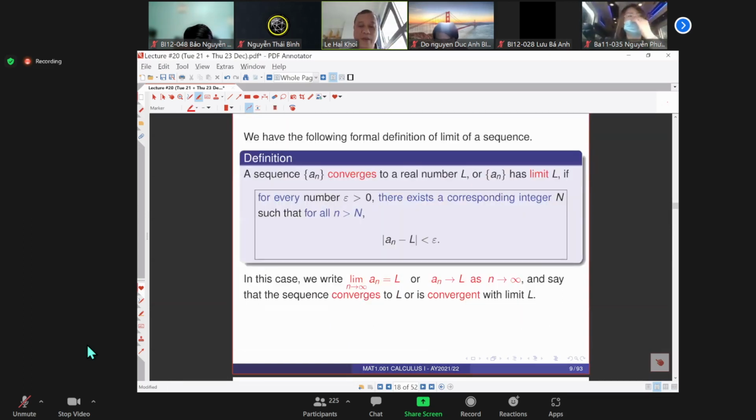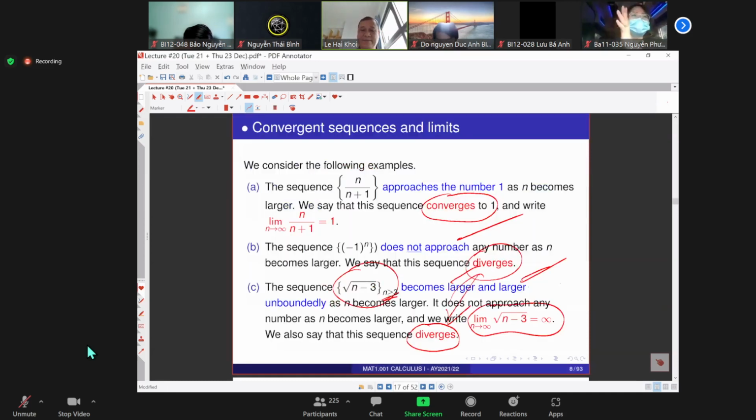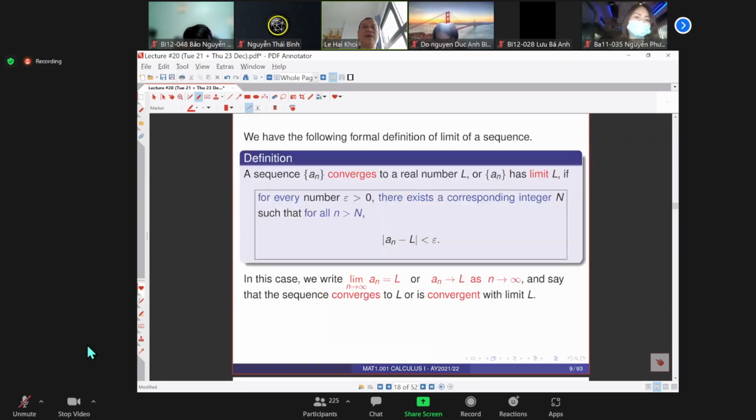Now, basing on these notices, we come up to the definition. Formal definition of a limit of a sequence. Như vậy ta bắt đầu định nghĩa.